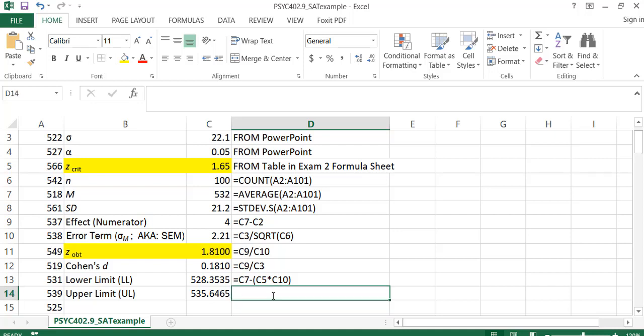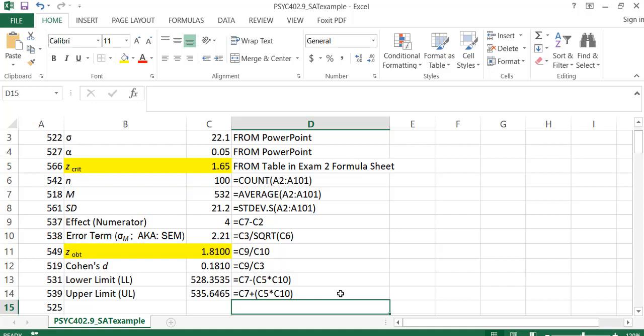and so what we're really saying is if we look at the variability within our data, the error that's within our data, especially the error within the sampling distribution, if I take my Z critical, multiply it by that error term, we can create cutoffs on the lower and upper limit.